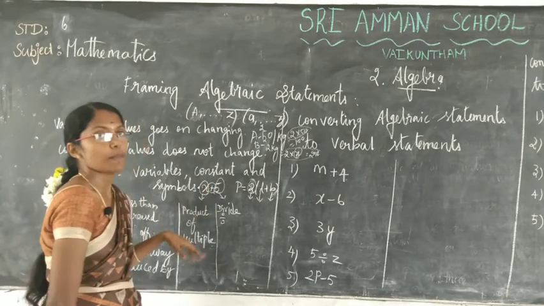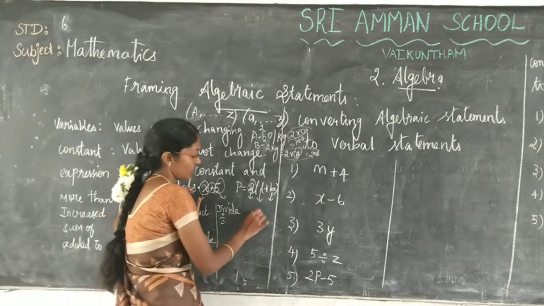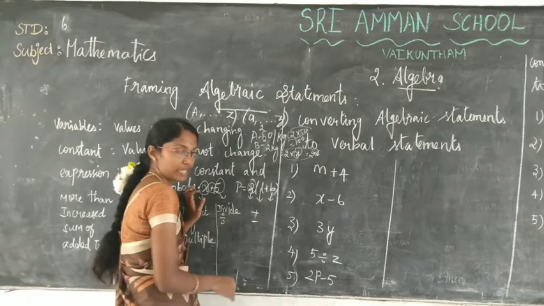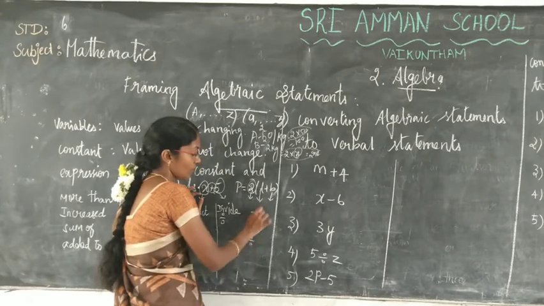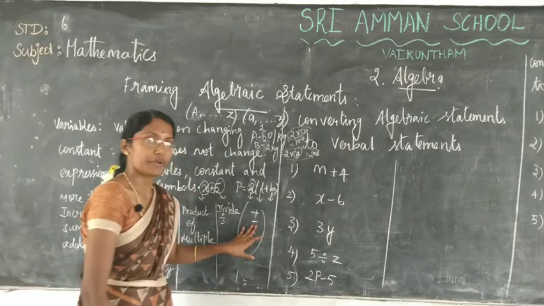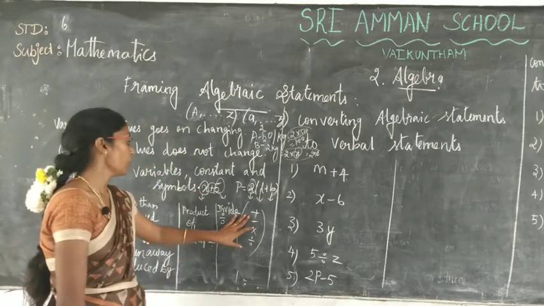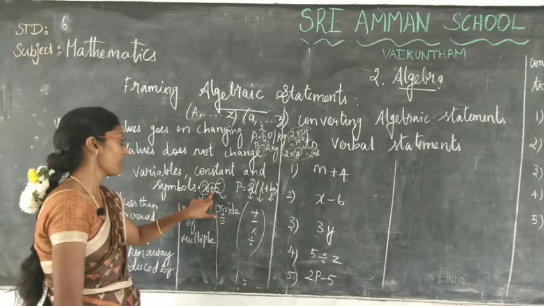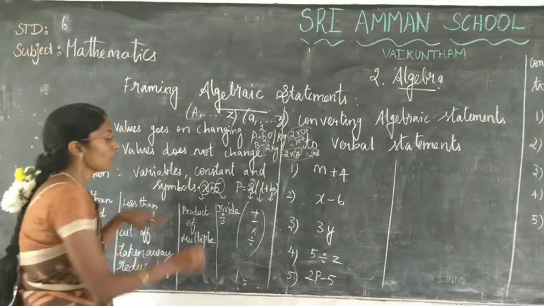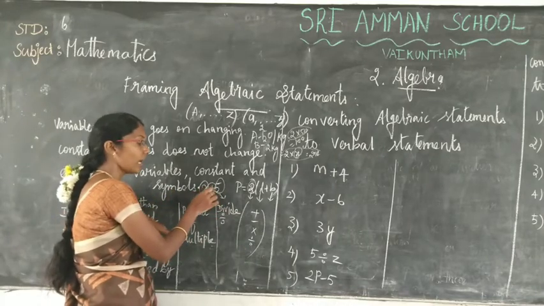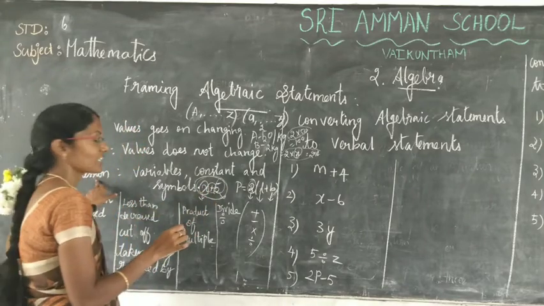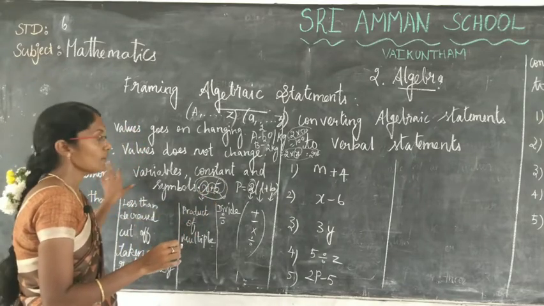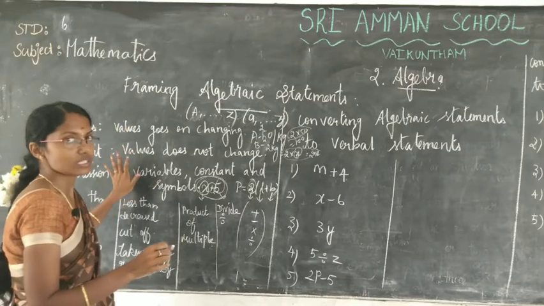What are the basic common symbols you know? Addition plus, subtraction minus, multiply and divide. These are the common mathematical operating symbols. So variables, constants and symbols together are called an expression. Are you all clear about variables, constants and expression?